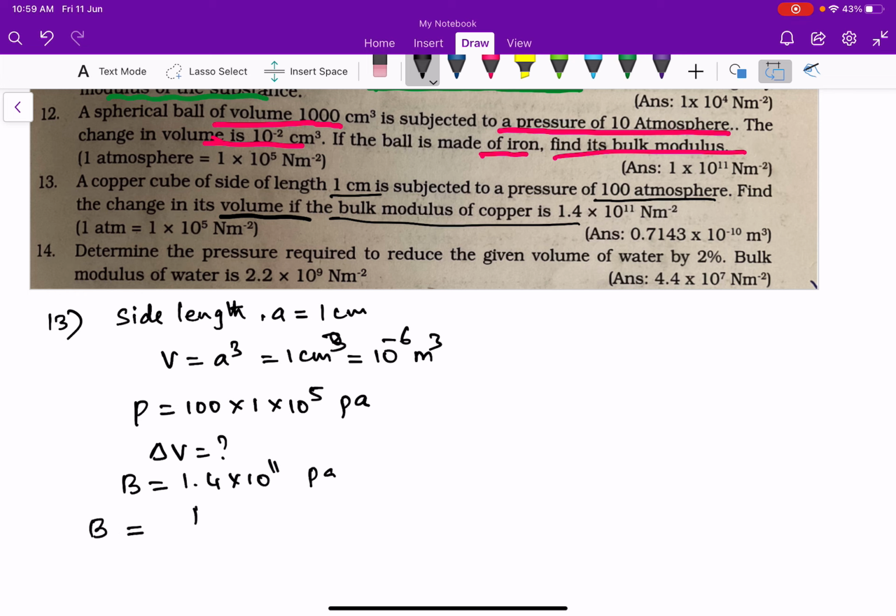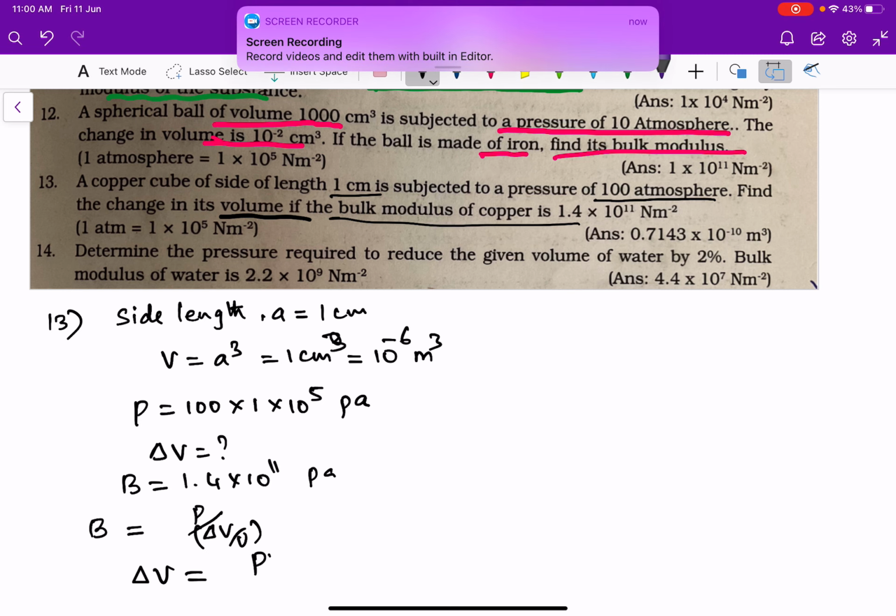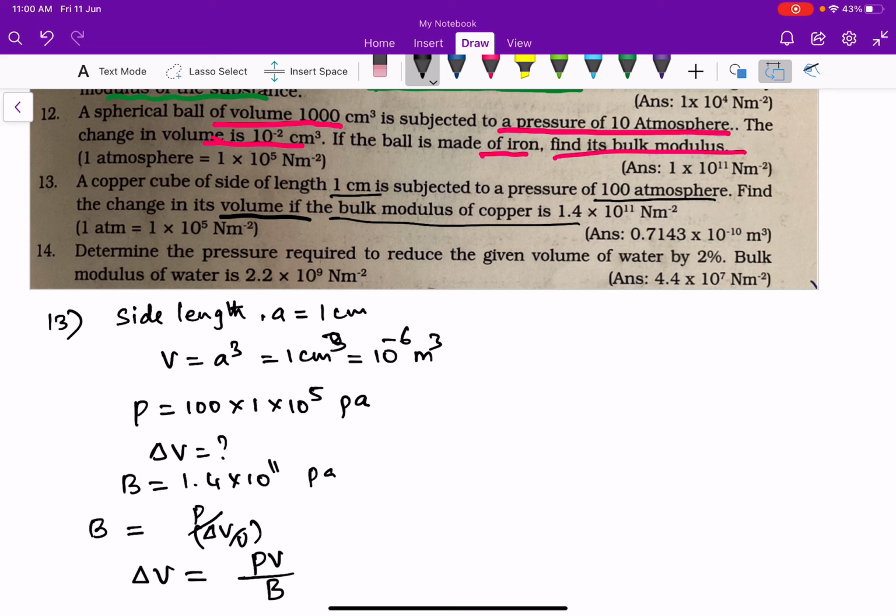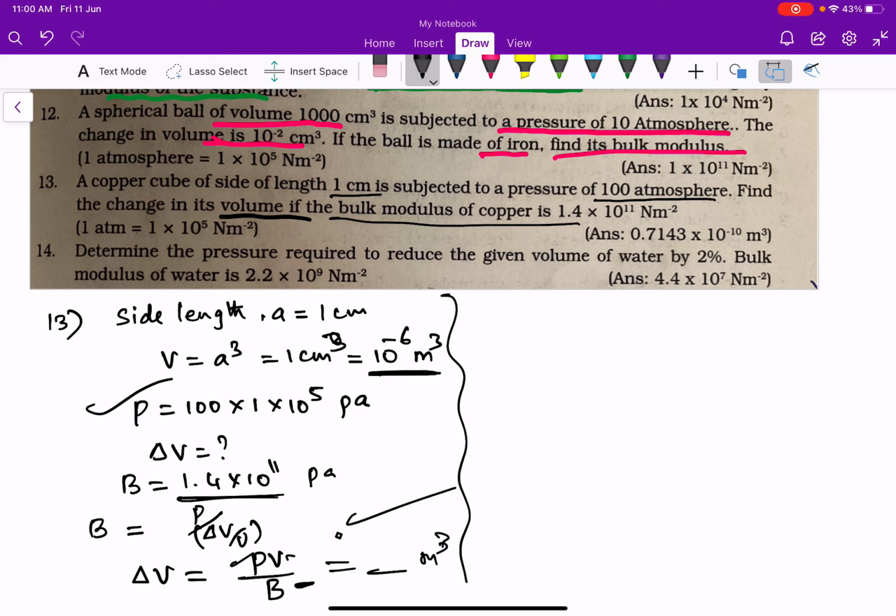We know B is equal to P divided by delta V by V. So delta V is equal to P into V divided by B. Here pressure is known, volume is 10 power minus 6 meter cube, and bulk modulus is 1.4 into 10 to the power of 11. By substituting these values, you will get the answer for change in volume in terms of meter cube.